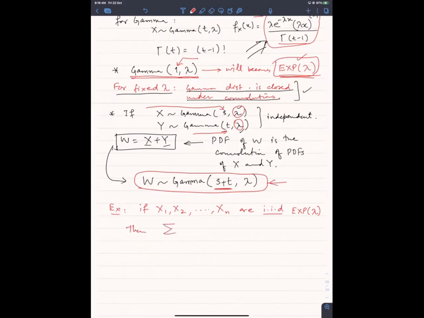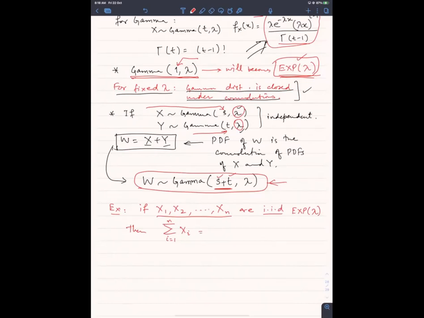summation of I is equal to 1 to n xI. इन सब का सम जो है वो इन सब के जो पीडीएफ्स हैं वो कन्वॉल्व होंगे. सो दो एक्सपोनेंशियल्स को कन्वॉल्व करेंगे तो वो आपके पास आ जाएगा गैमा 1 प्लस 1 लैम्डा, फिर उसके अंदर वो गैमा 2 लैम्डा हो जाएगा, फिर उसमें एक और गैमा 1 कॉमा लैम्डा उसके साथ कन्वॉल्व करेंगे.